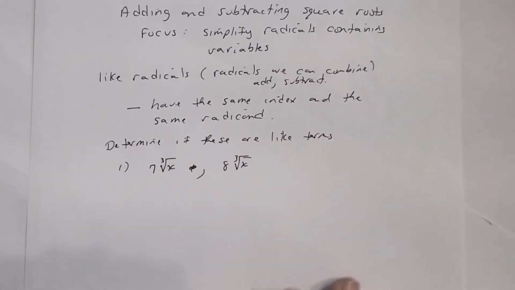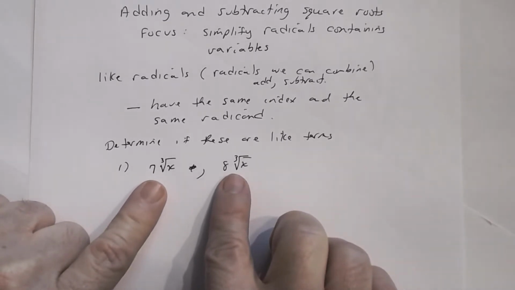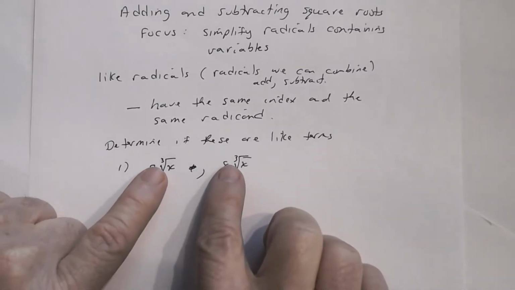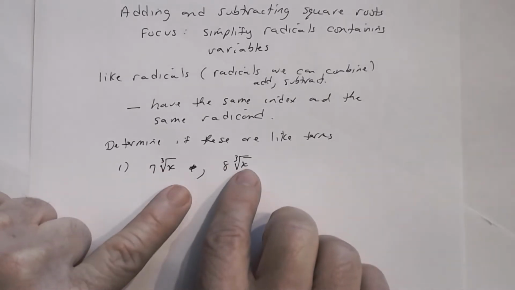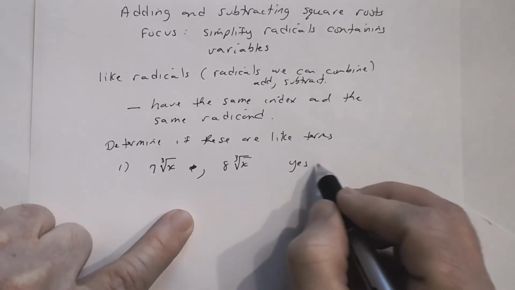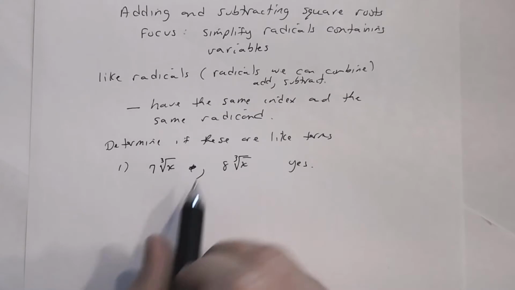Are these two terms like terms? In other words, if I want to add them, could I add them? If I wanted to subtract them, could I subtract them? Remember, like radicals have to have the same index, and they do have the same index, they're both 3's, cube root. Are the radicands the same? Yes. So those are like terms. The answer is yes, because they have the same index and the same radicand.